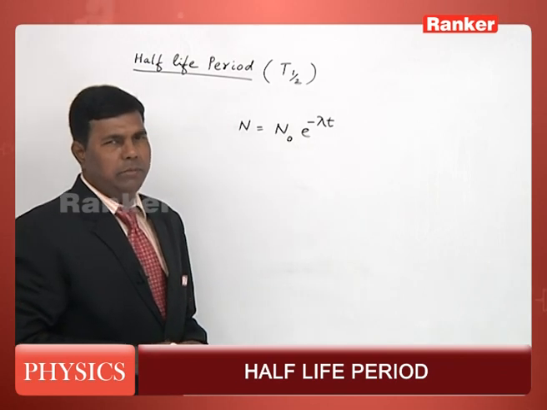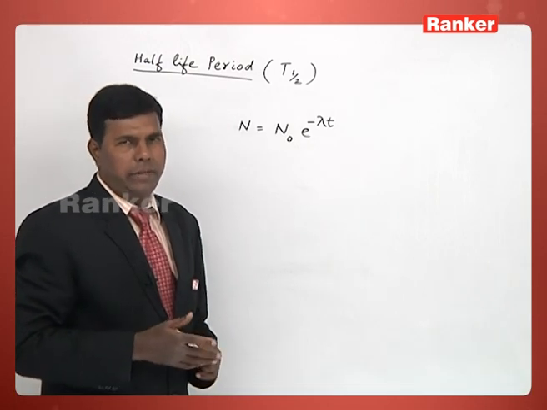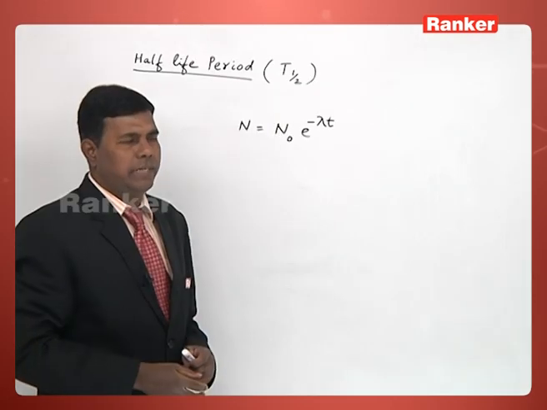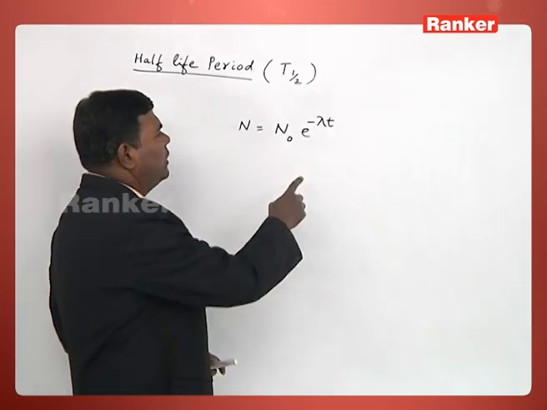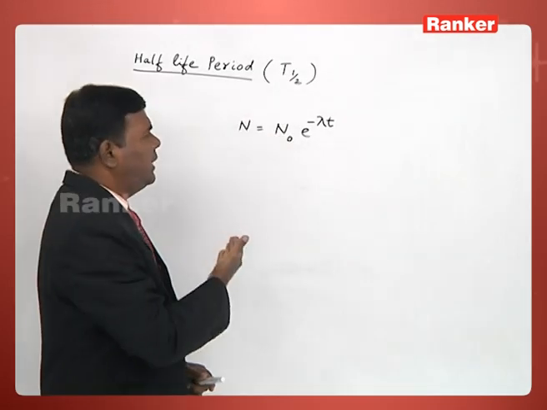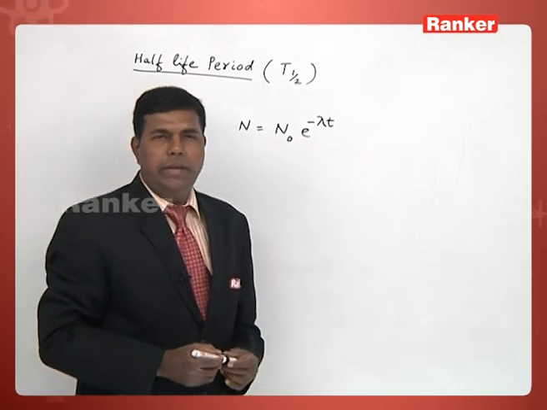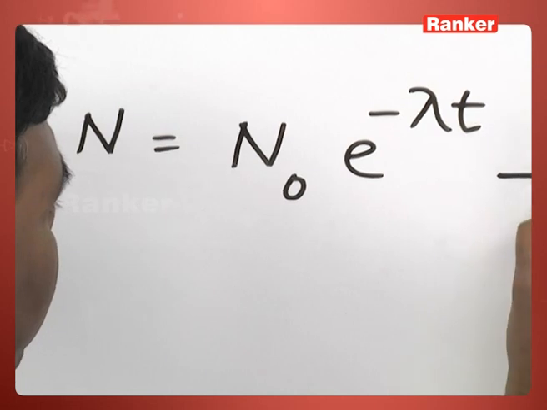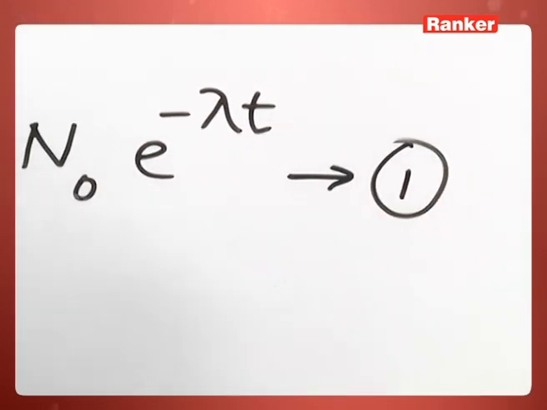It gives you a relation between the initial number of nuclei of a radioactive material and the number of nuclei at any instant of time, in terms of decay constant lambda and time t, exponential decay. That is what we call radioactive disintegration law. Now let us say this is equation number 1.